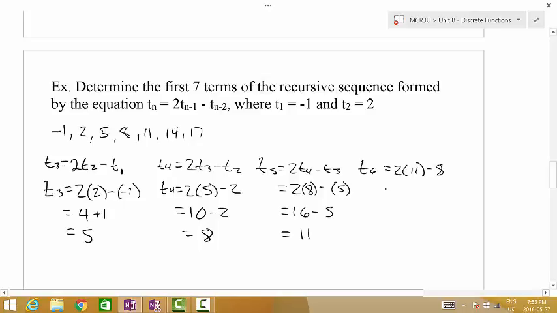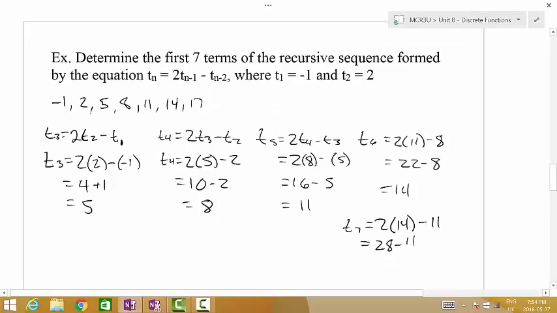T6 would be 2 times 11 minus 8, which gives us 22 minus 8, or 14. Last one, T7, is 2 times T6, which is 14, minus T5, which is 11, gives us 28 minus 11, or 17.